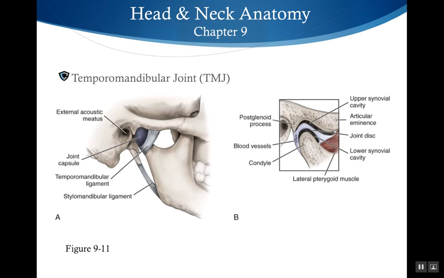I'm going to go back to that slide previously and just show you. What happens a lot of times when they say my jaw gets locked open is, in normal movement, this condyle will slowly slide down out of the glenoid fossa down the articular eminence. If this condyle comes forward so far that it gets stuck here in front of, or anterior to, the articular eminence, this is your ear back here, this is your nose up here, it comes forward, gets stuck here, and cannot go back into place.